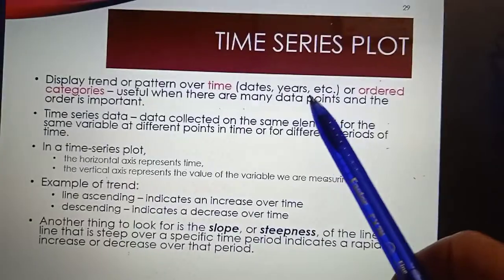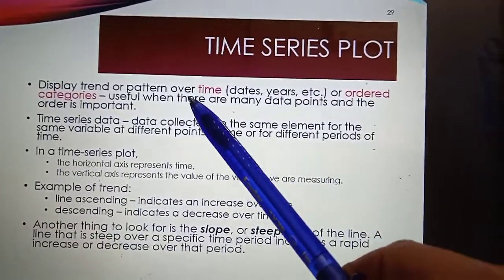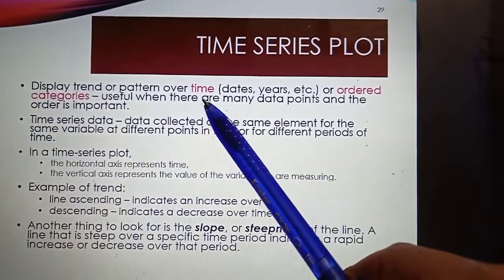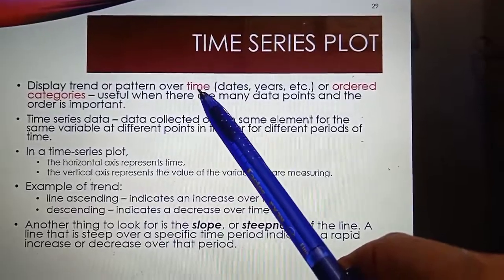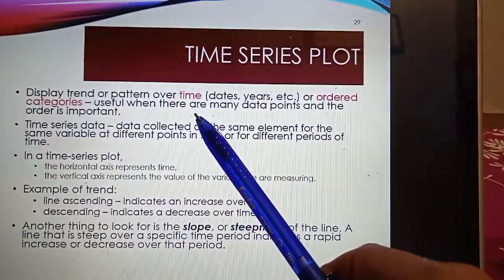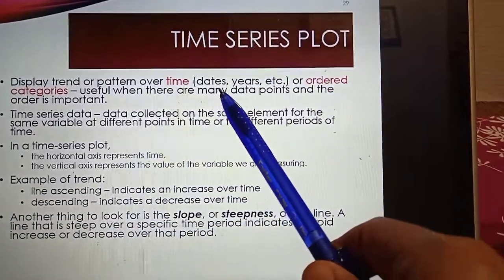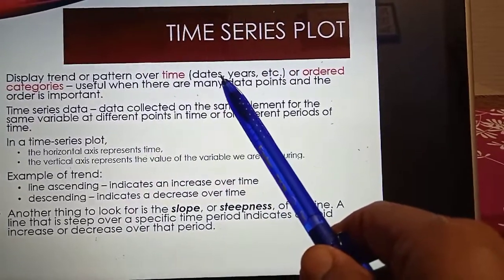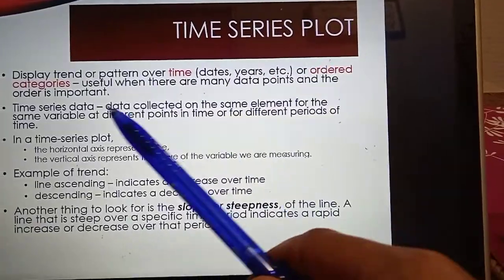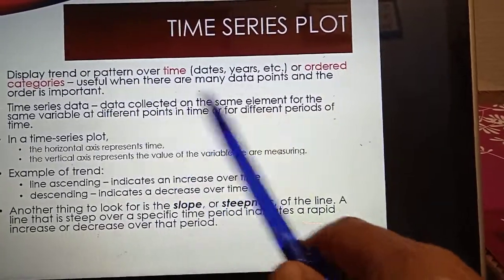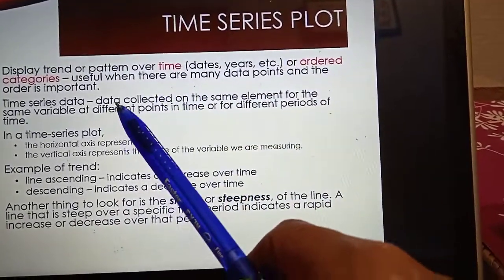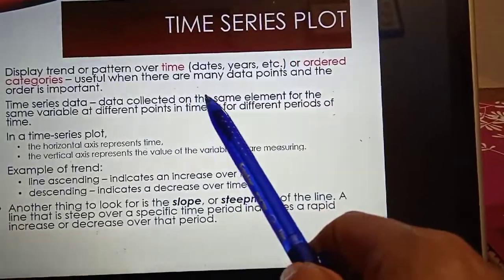For time series plot, for data that display trend or pattern over time, we will plot a time series model. Or ordered categories, meaning that data keep on increasing or keep on decreasing.